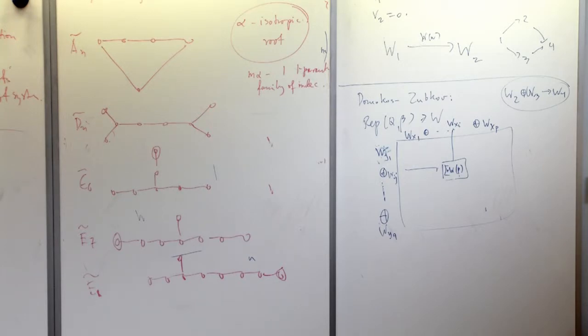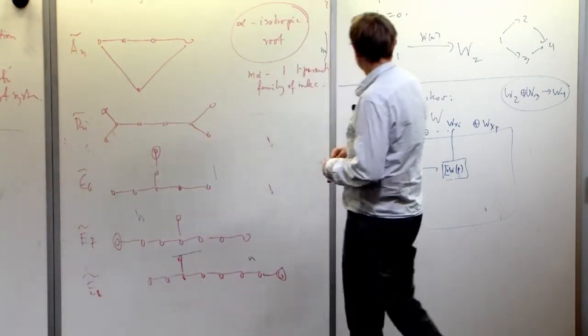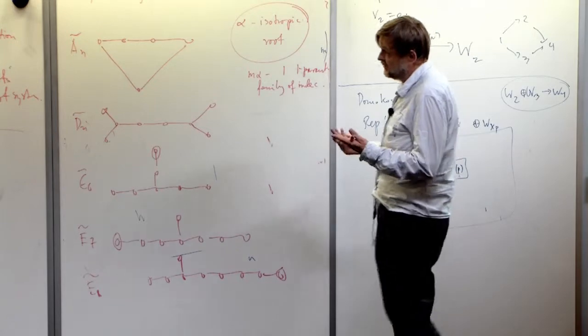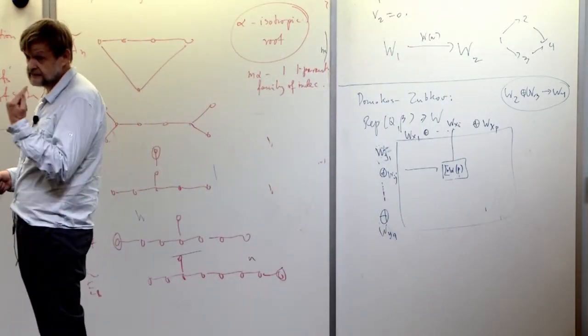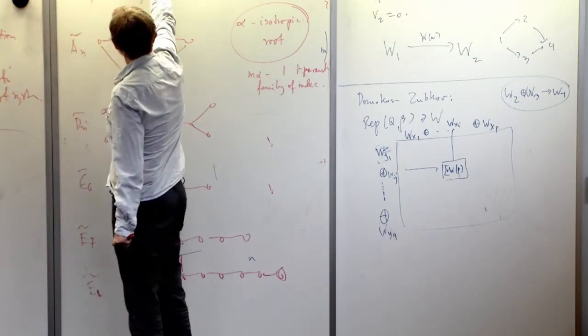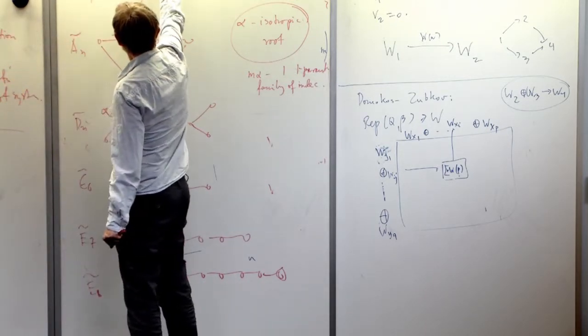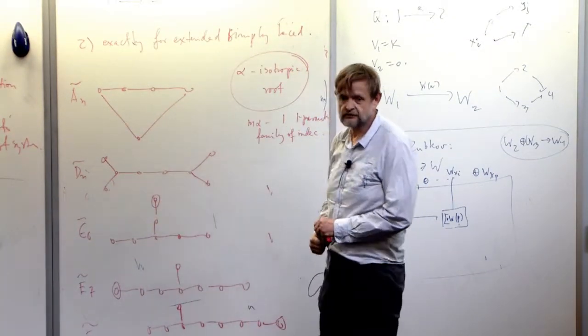There's just no difficulty at all. However, for wild quivers, you don't know which indecomposable to take, and those dimensions can grow, and that's actually a problem. As Abi said, one of the simplest examples of a wild quiver is this guy. That's really one of the basic ones.